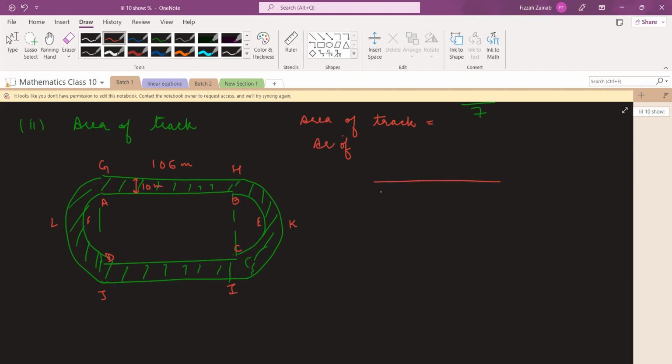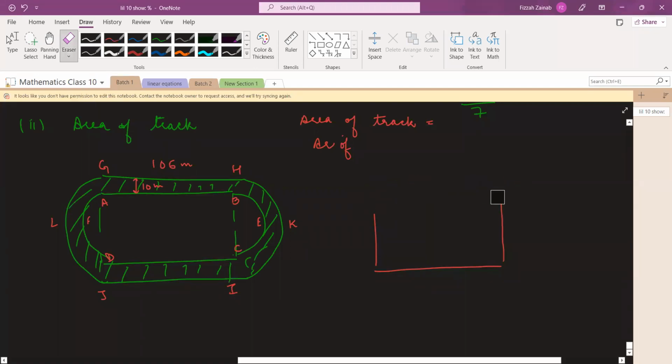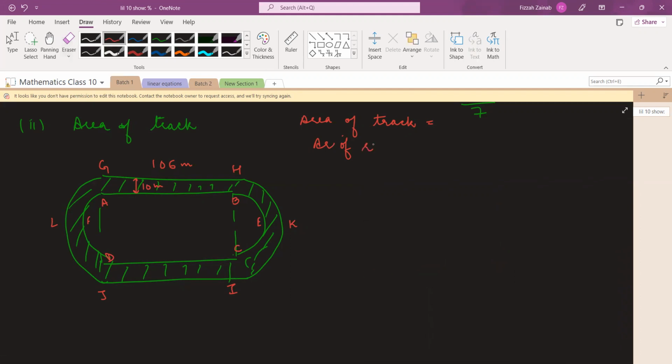If I do this, for example, this is my bigger rectangle, correct? Okay, don't do it this way. Let us do it this way. Area of rectangle GHBA. Now is that clear? Okay, plus then again area of rectangle CDJI. Is that clear, everyone?